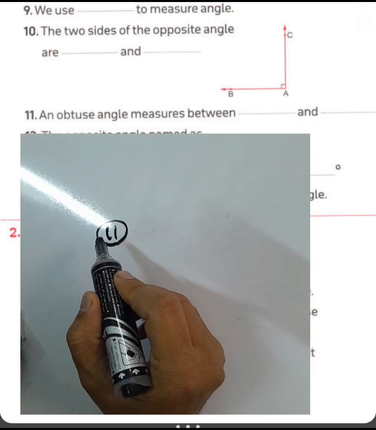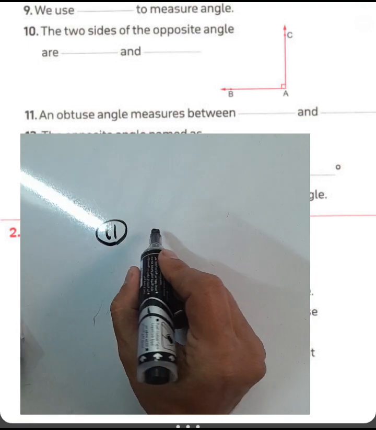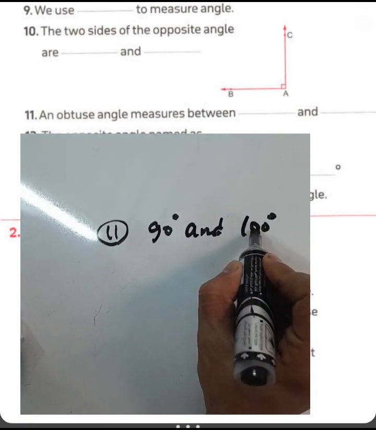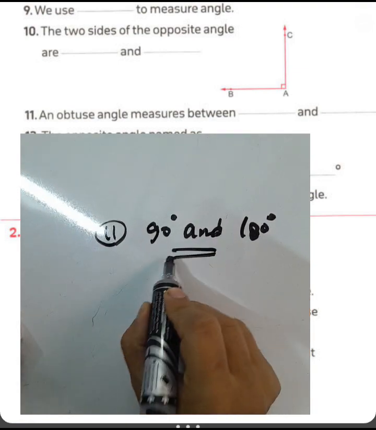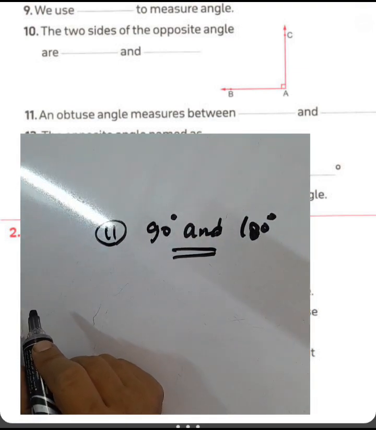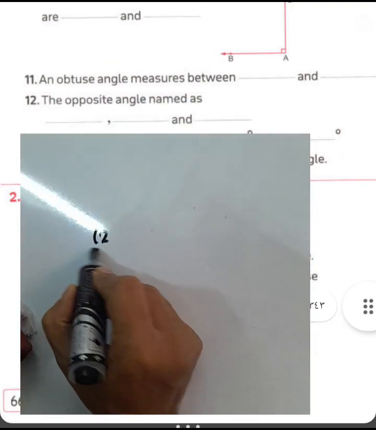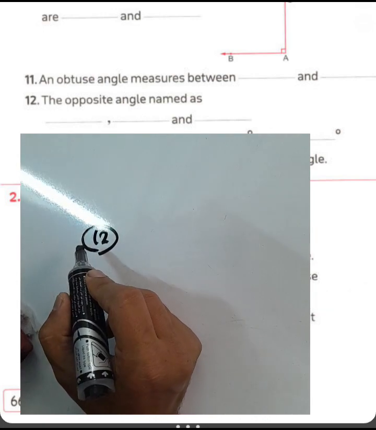Question 11. An obtuse angle measures between 90 degrees and 180 degrees. We call it obtuse. Question 12. The opposite angle is named what?